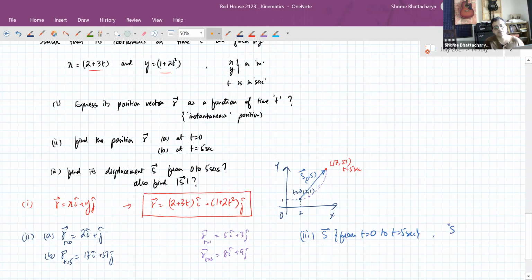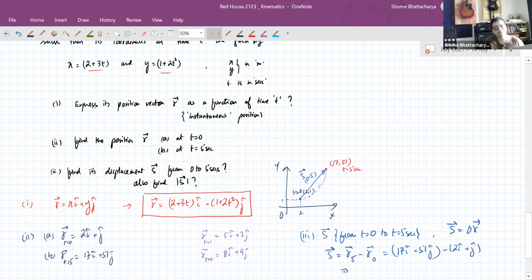So what is our definition of displacement? It is delta r, the change in position. So it is going to be the value of r at 5 seconds minus the value of r at 0. So that is 17 I cap plus 51 j cap, minus 2 I cap plus j cap.